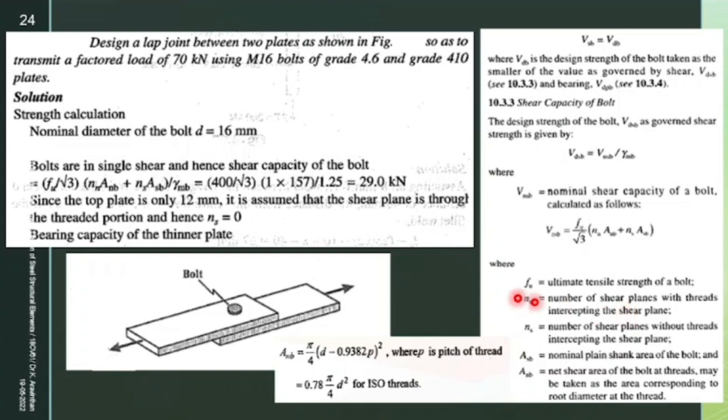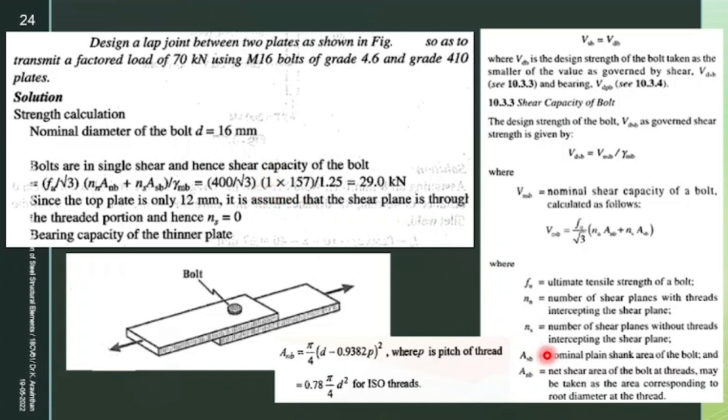Since you have only 2 plates here, so this is a bolt here. If you push this member towards left hand side and this as right hand side, the bolt will be subjected to shear. 2 equal and opposite forces will be there. So due to that you will be having a single shear. So you can take it as 1. So this will be taken as 1 here.